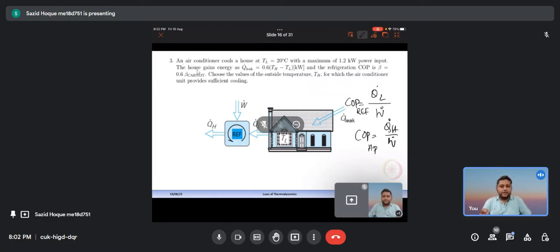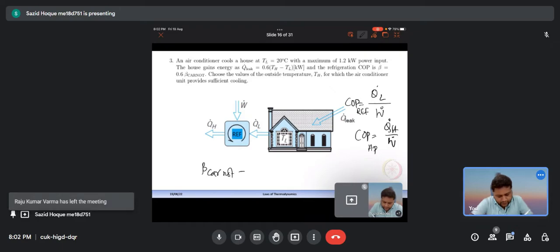So in this problem, an air conditioner cools a house at TL is 20 degrees Celsius with a maximum of 1.2 kilowatt power input. The house gains energy as leak as 0.6 times TH minus TL kilowatt, and the refrigeration COP, coefficient of performance, is beta 0.6 beta Carnot. So this is also given in terms of, this will be like, what will be this?